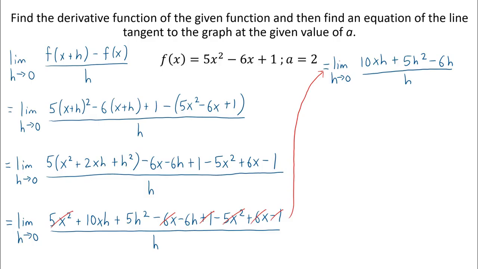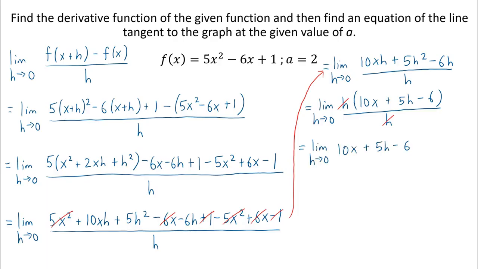Now we're still not free to go ahead and substitute 0 in for h, because doing that will still give us a 0 in the denominator of our fraction. So the next thing we're going to do here is factor an h from each term in the numerator. That gives us this expression. And now we see that the h in the numerator will cancel out with the h in the denominator.